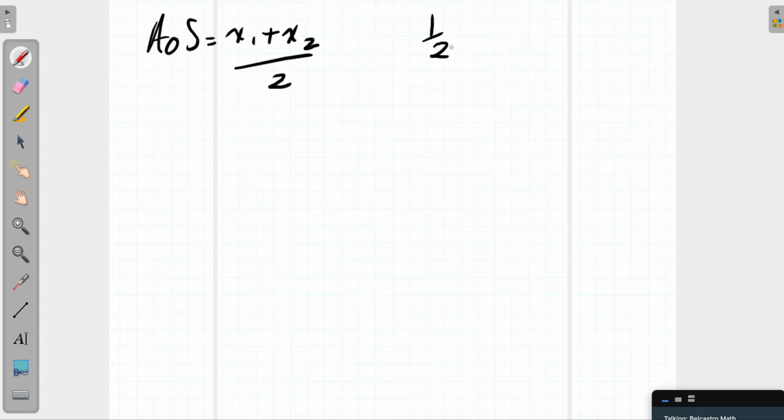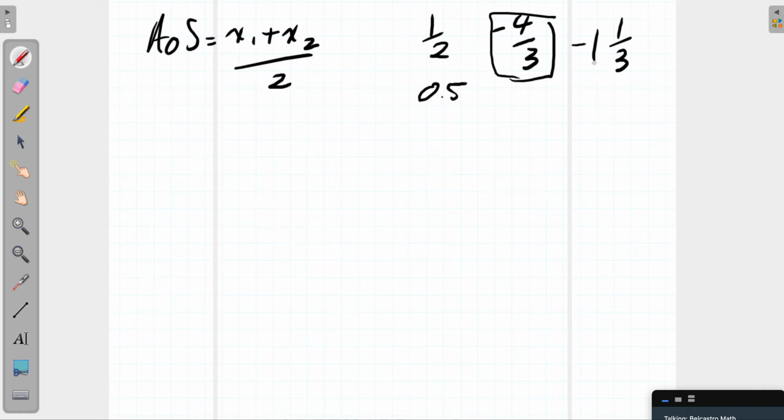These fractions are a little tricky to work with. We could technically turn them into decimal values, but you get -1 1/3, which means you have a repeating decimal. I'll make them common fractions for this one.